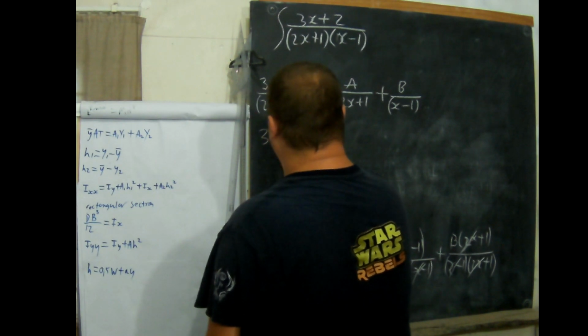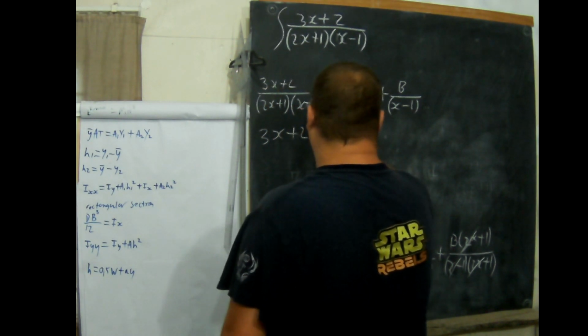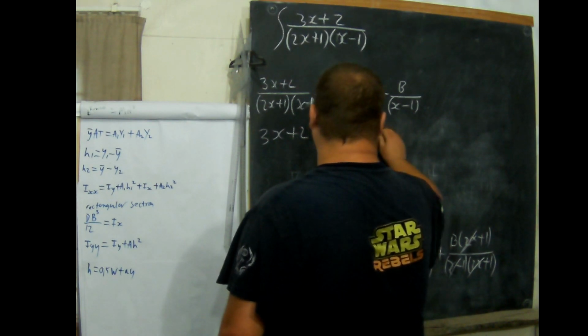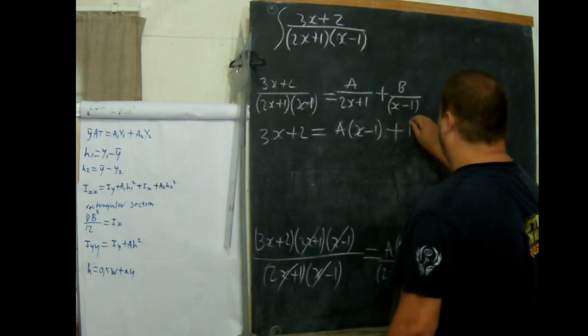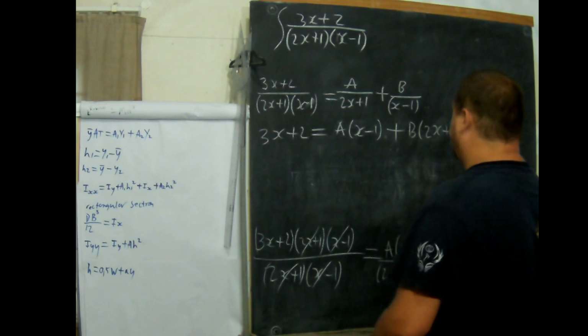is 3x + 2 equals A(x - 1) plus B(2x + 1).